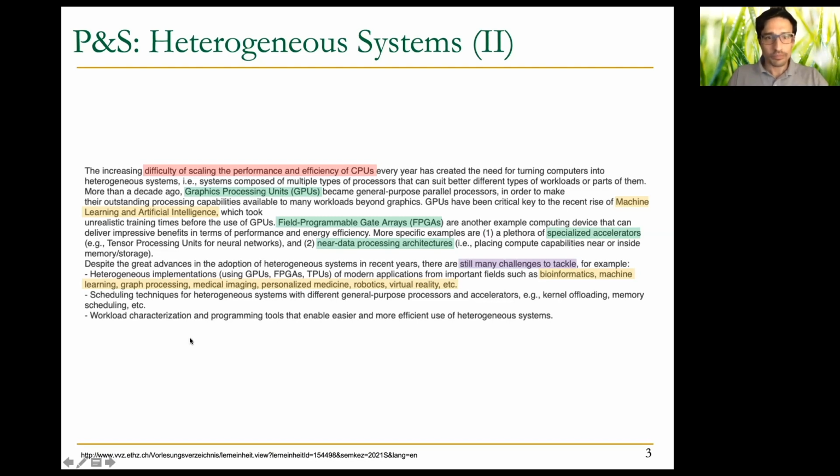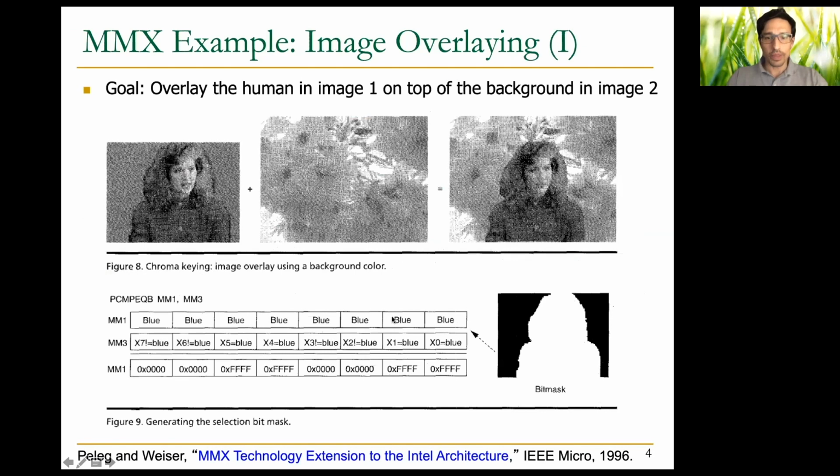Okay. So as I said, heterogeneous devices are also nothing new. In reality, they have existed for decades. And one relevant example are the SIMD extensions that conventional CPUs have had since at least the 90s.